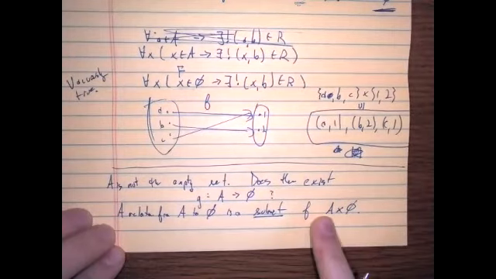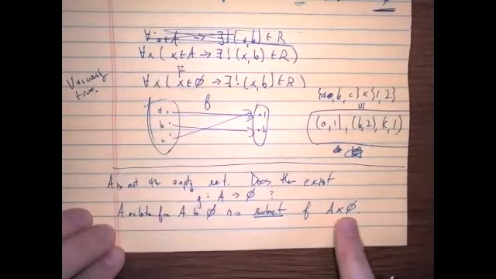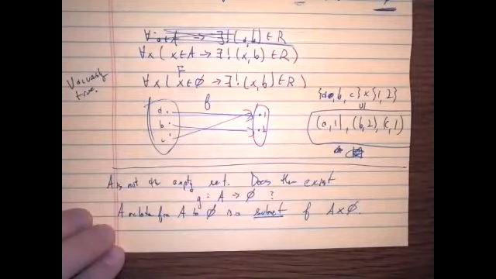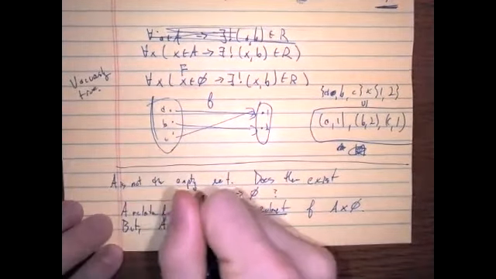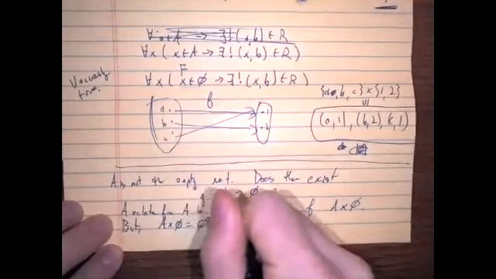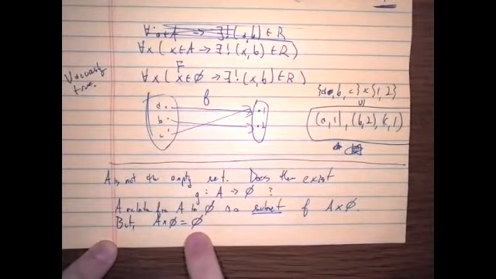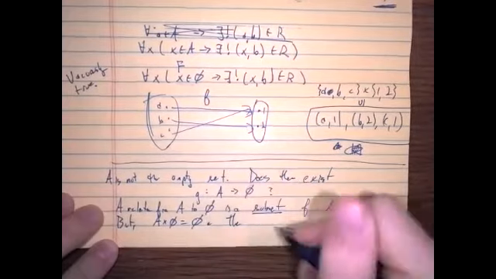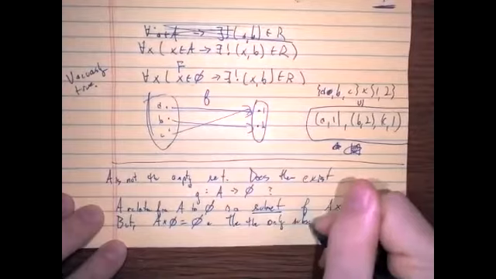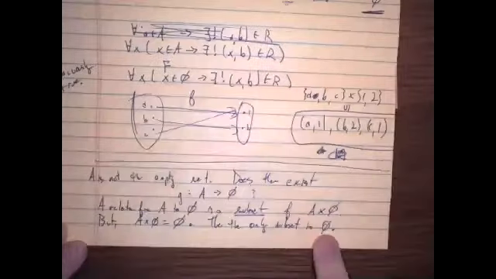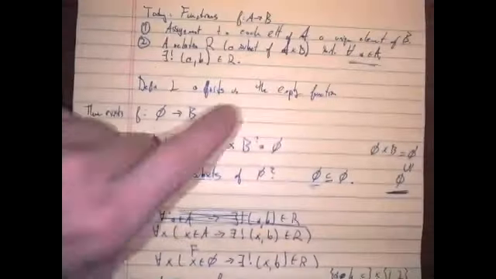What is any set cross the empty set? The empty set. Right. So A cross the empty set is equal to the empty set. And what is the only subset of the empty set? The empty set. Right. The only subset is the empty set.